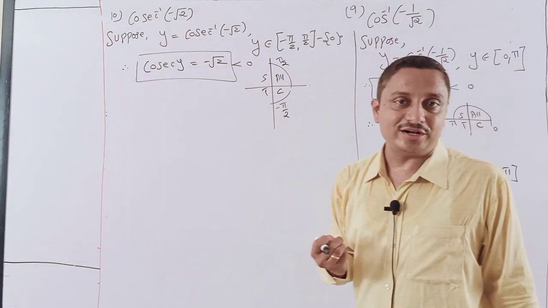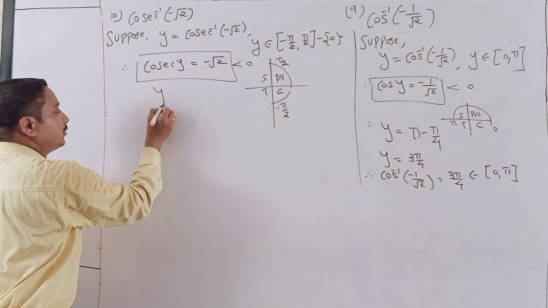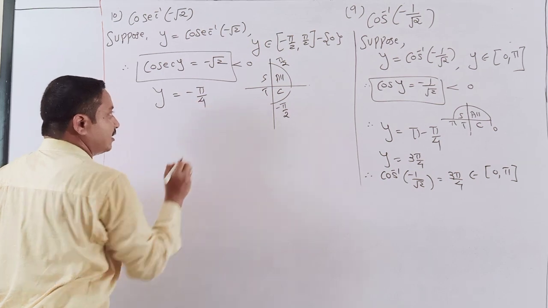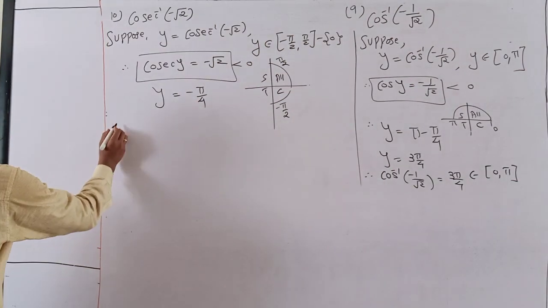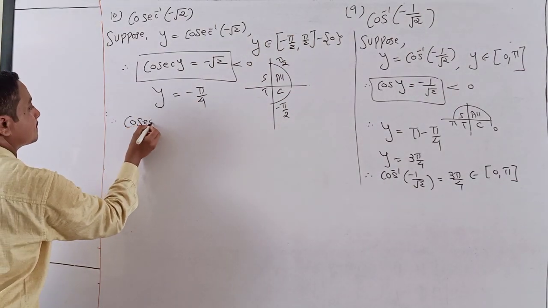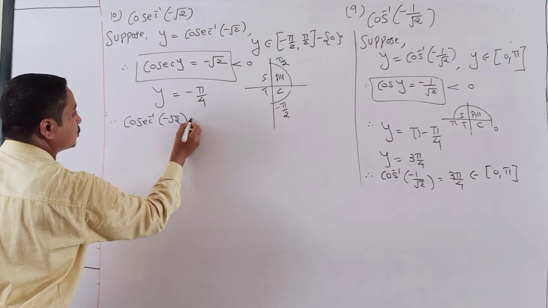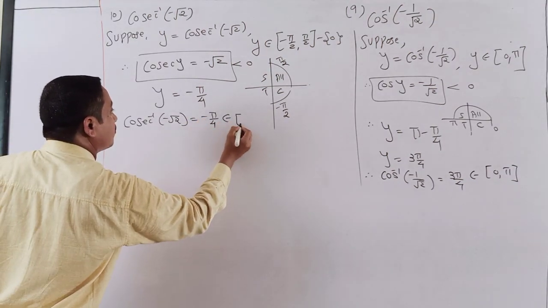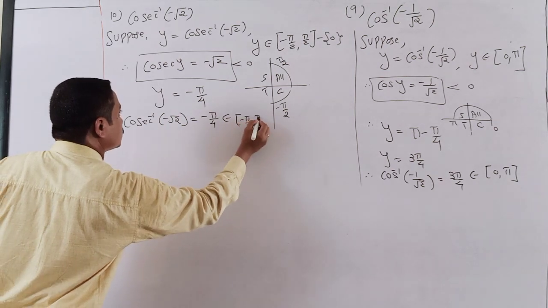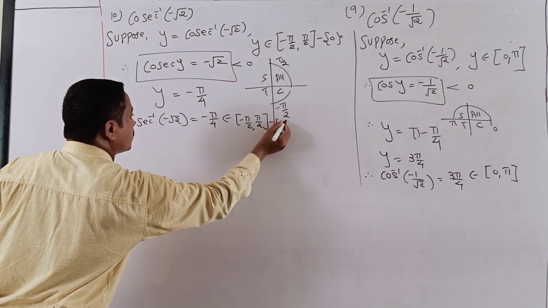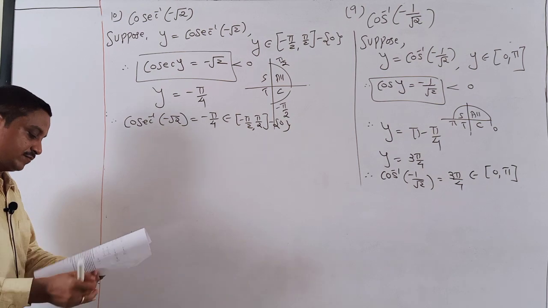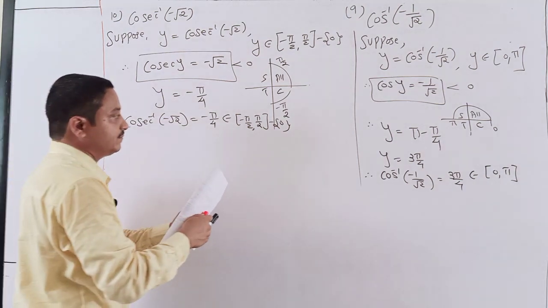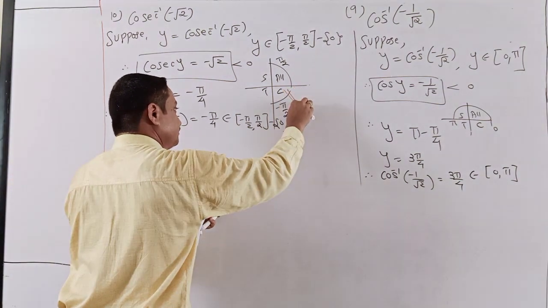Yes, it is the fourth quadrant. So I just write down here fourth quadrant negative, and for root 2, 45 degrees. So cosec inverse minus root 2 is minus pi by 4, belongs to my range. Students, your answer is here in this part. Look at that, this is your minus 45.